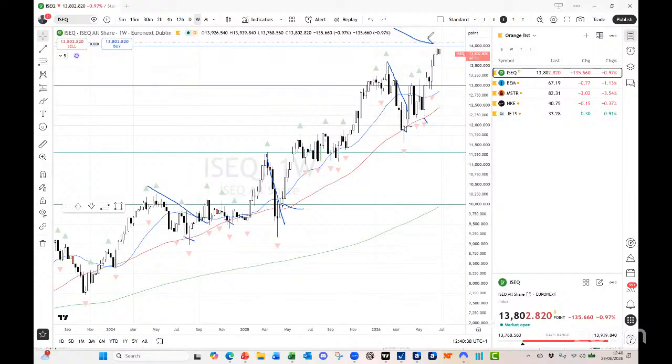It's had a good run for the first few months of this year. The question is whether it can maintain that, whether this is a rotation maybe out of some of US tech, as it goes elsewhere into other US sectors, whether some of it also finds its way into European and in particular Irish equities. So I want to see, can it get above 14,000, or is it going to fall its way back from there?